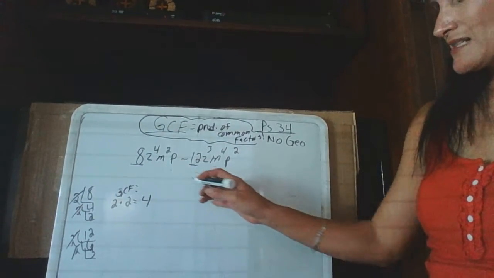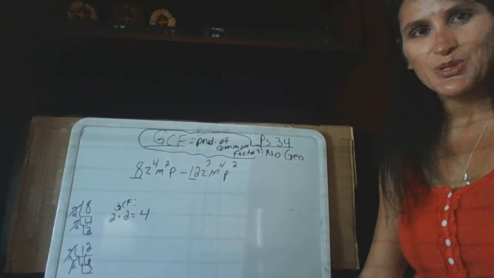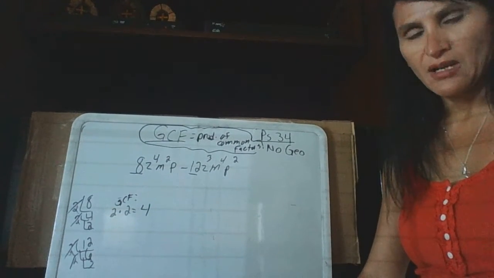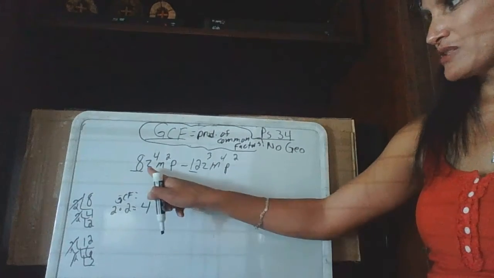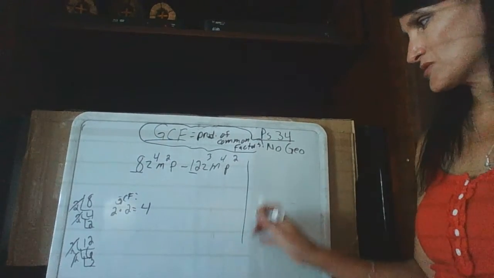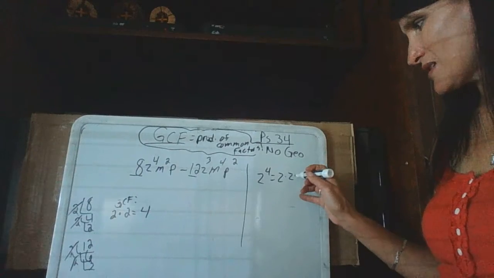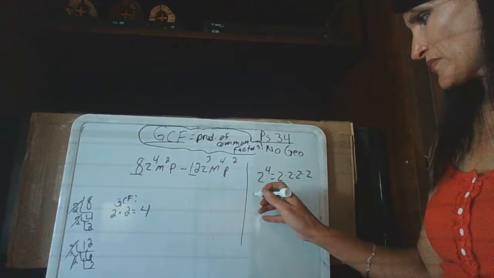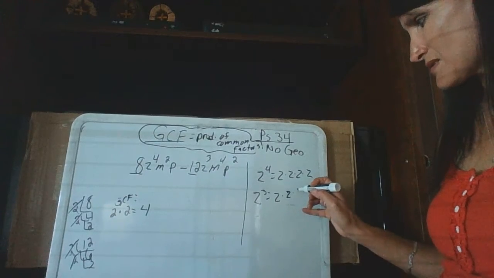Okay. The next thing is, now remember that factors are numbers that make up a number. Factors are numbers that also make up a variable. So if I were to take z to the 4th and z to the 3rd, and I were to write it this way, z times z times z times z, z to the 3rd would be z times z times z.